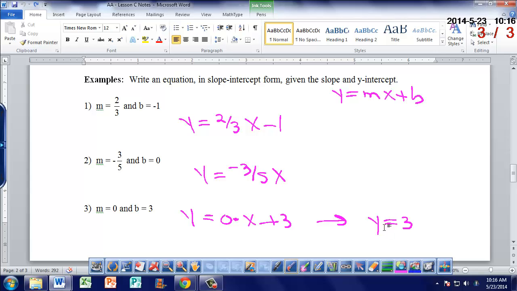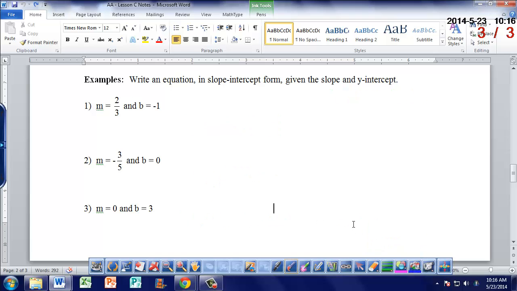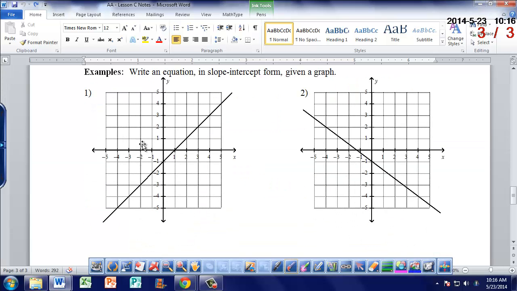If you were to do it from a graph, we want to make sure that we find the slope and y-intercept. So in this problem, number 1, my y-intercept is -1, and my slope is up 1 over 1. So my slope is 1 over 1, which is just 1. Plug it in. y equals 1x minus 1. This problem, again, my y-intercept is -1. We'll find another point.